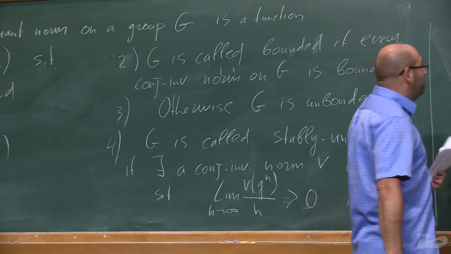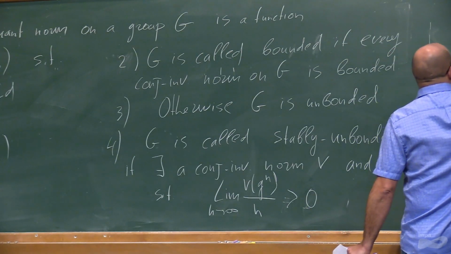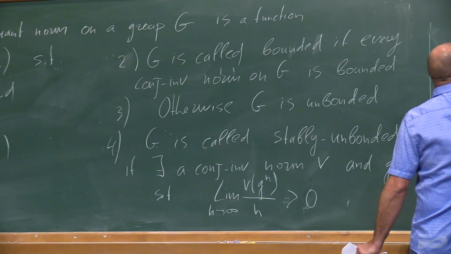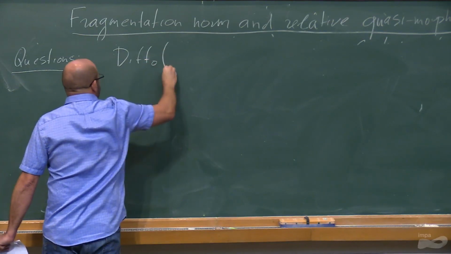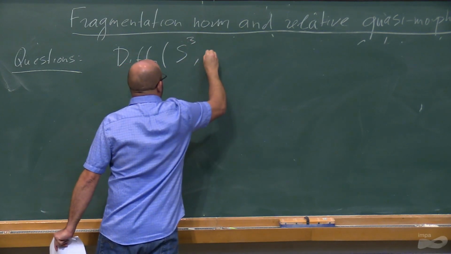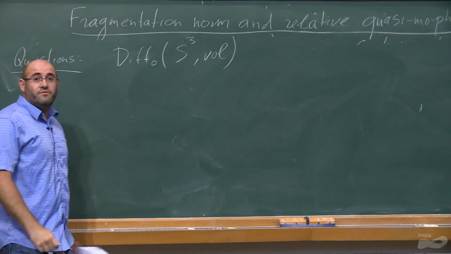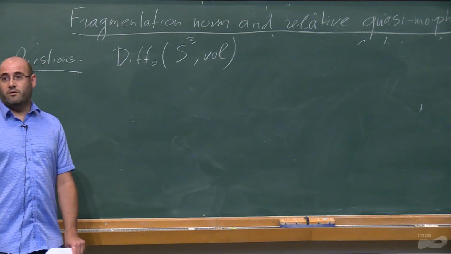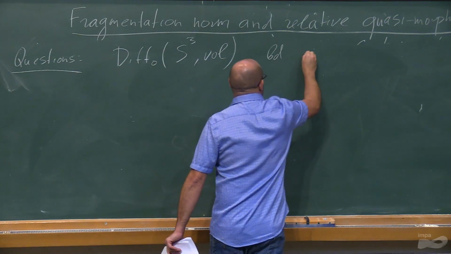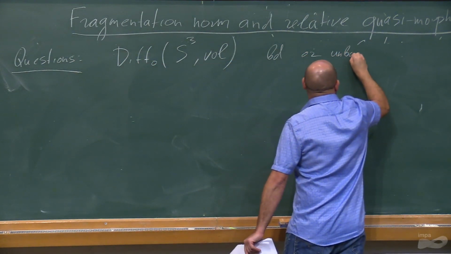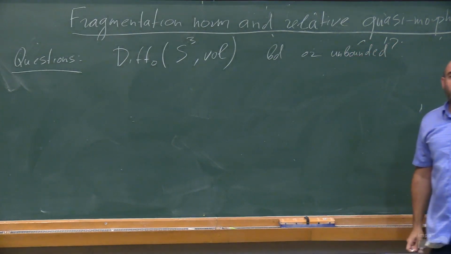Let me write them down, at least a few of them. Open questions: think about Diff_0(S^3, vol), where this is a standard three sphere. Nobody knows whether this group is bounded or unbounded. This is an open question.